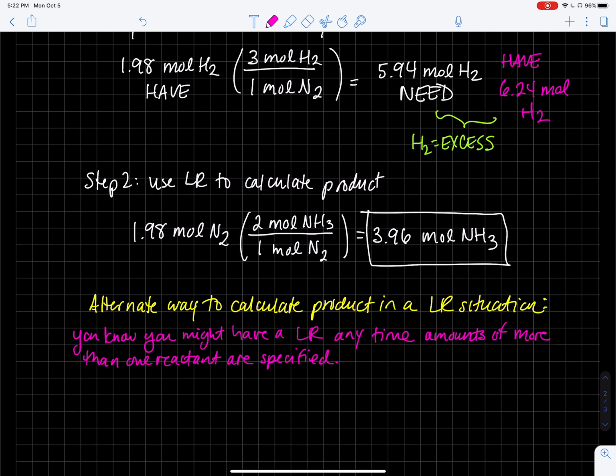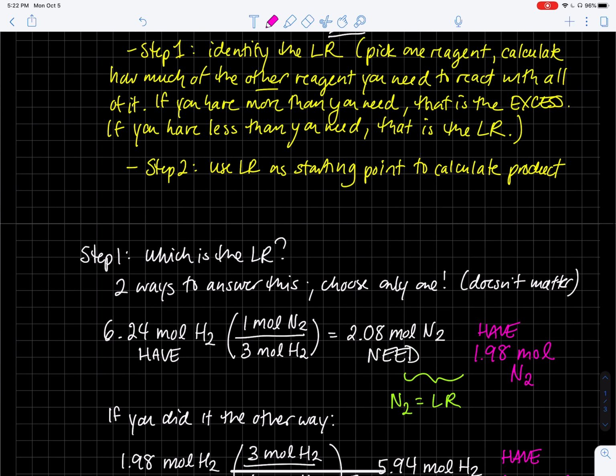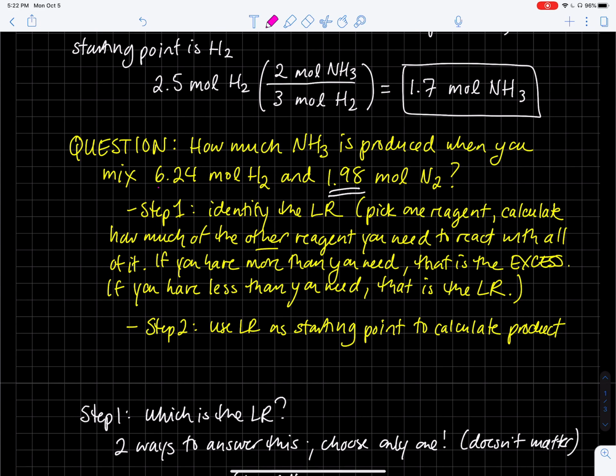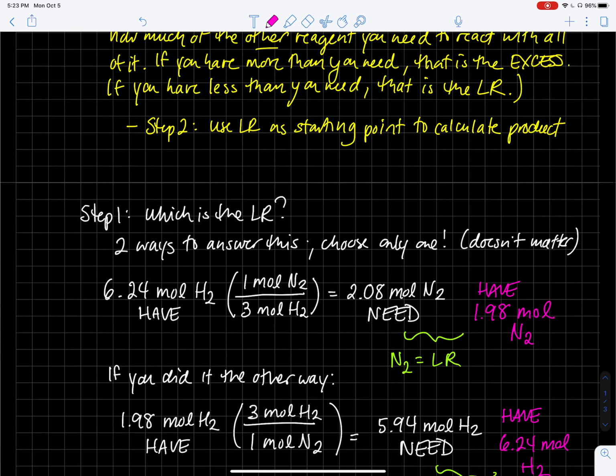So in this question, for instance, I said I mix 6.24 moles of H2 and 1.98 mole N2. So I gave you specific amounts of both. It's possible that I gave you exactly the amount you need of both of them, but that's unusual.